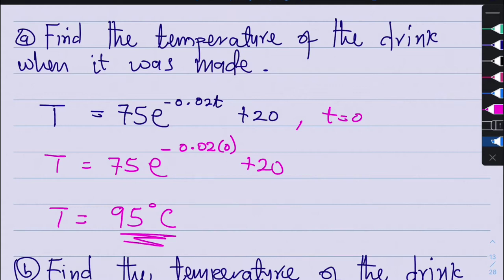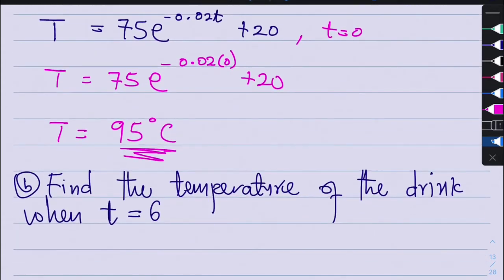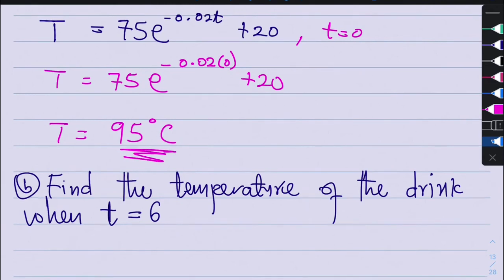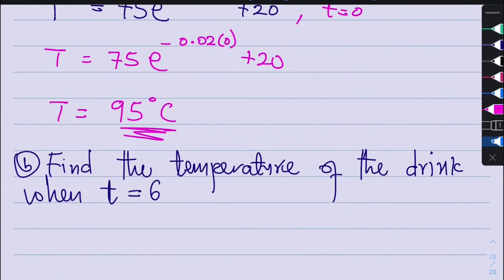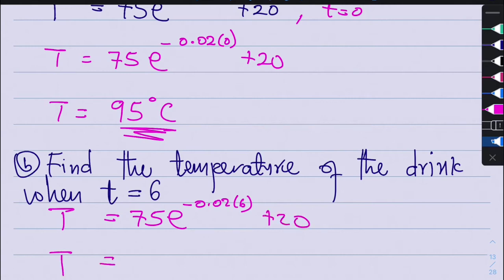Now the next question says: find the temperature of the drink when t is 6. Good thing for us is that they have given us the t. So just put 6 there. So you have T is equal to 75 e to the power negative 0.02 into bracket 6, plus 20, because they said t is 6.